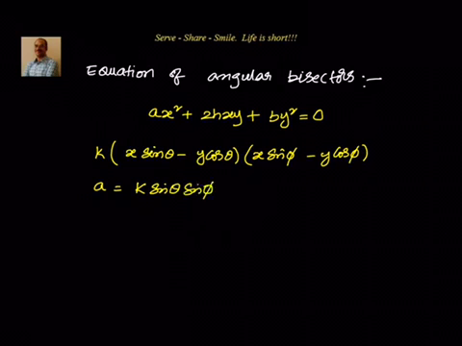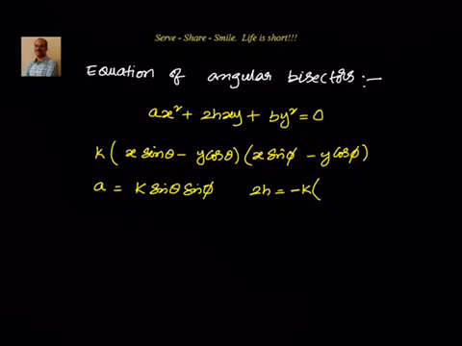Similarly, comparing the xy terms, the coefficient is 2h. The xy term comes when I take k, take x sin θ and multiply with y cos φ, and also take x sin φ and multiply with y cos θ.